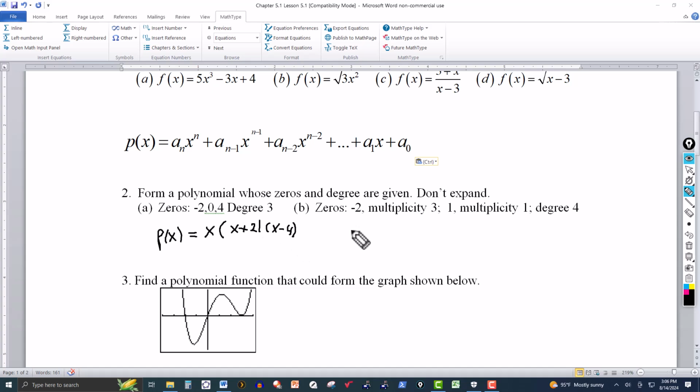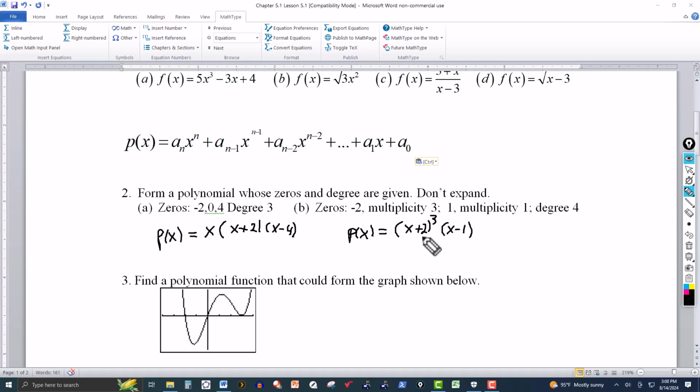Now for b, we have zeros are, so x minus negative 2 has to be a factor, so x minus negative 2 would give me x plus 2. And the multiplicity is 3. All that means is this repeats. So I put it through here. It has a 0 of 1, a multiplicity of 1, so that means that factor is only there once, so this will be x minus 1 to the first power.